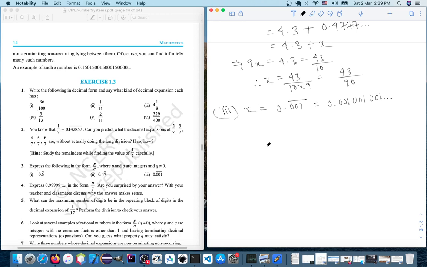Since we have 3 digits in the repeating block, we multiply with 1000, 10 to the power 3. So 1000x becomes, if you multiply this with 1000, 1.001001 like this.